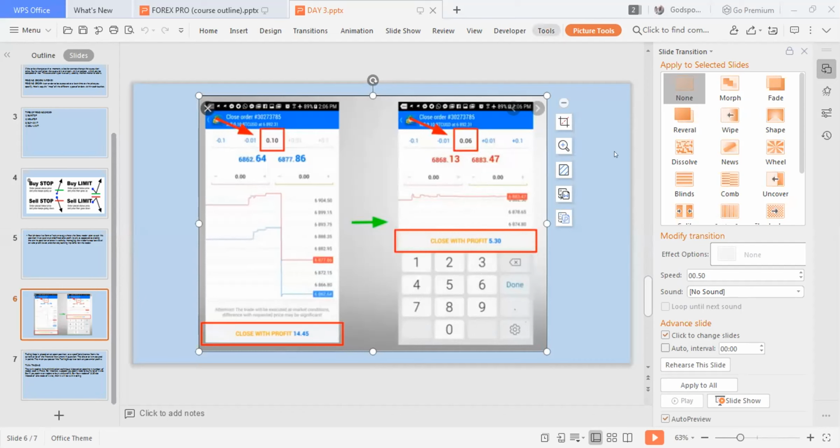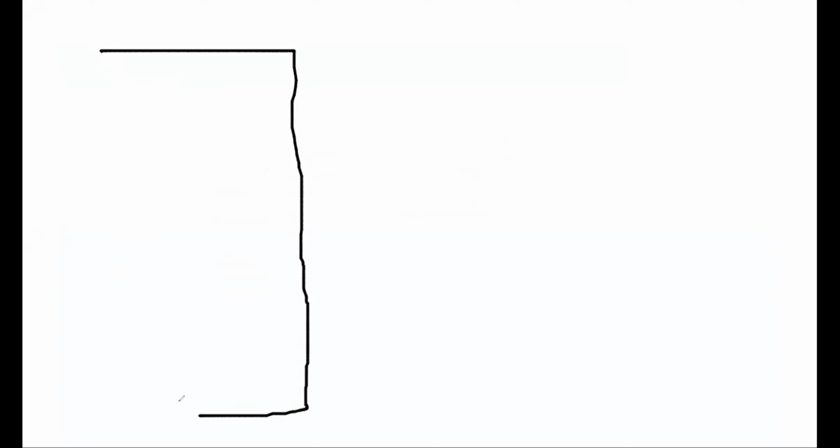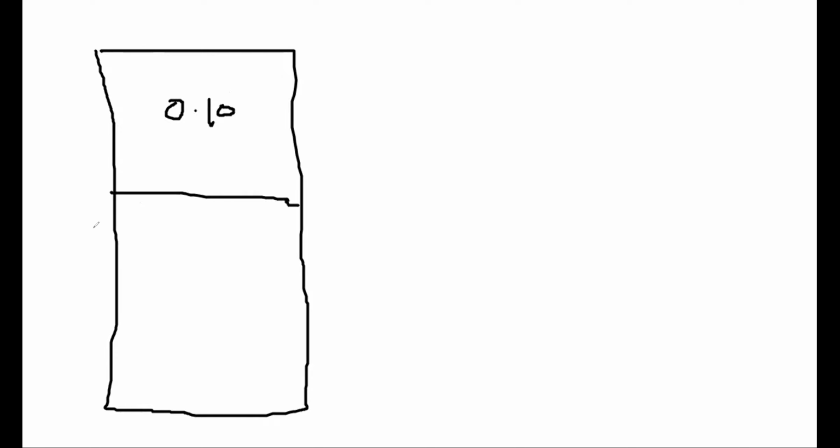Let's go to my board. Let me start working with it and see what partial closing is. This is my MetaTrader phone. Let's say I have a lot size of 0.10, and this is the currency pair, EURUSD. Let's say EURUSD is giving me $20.